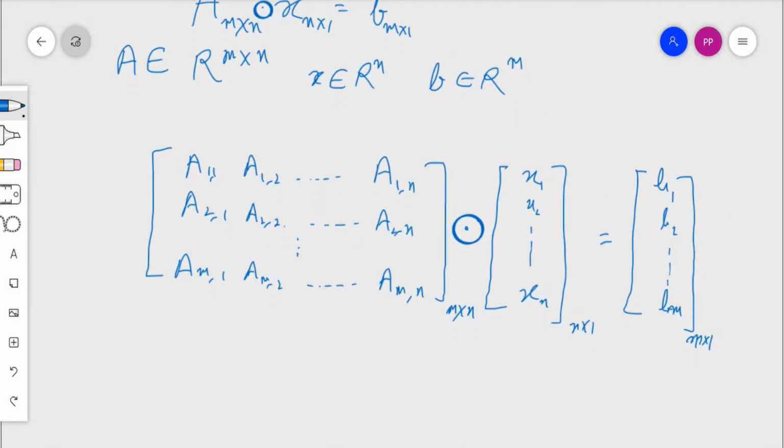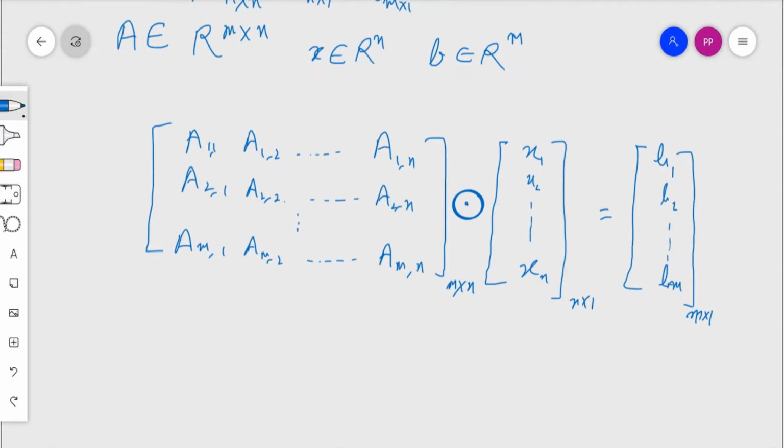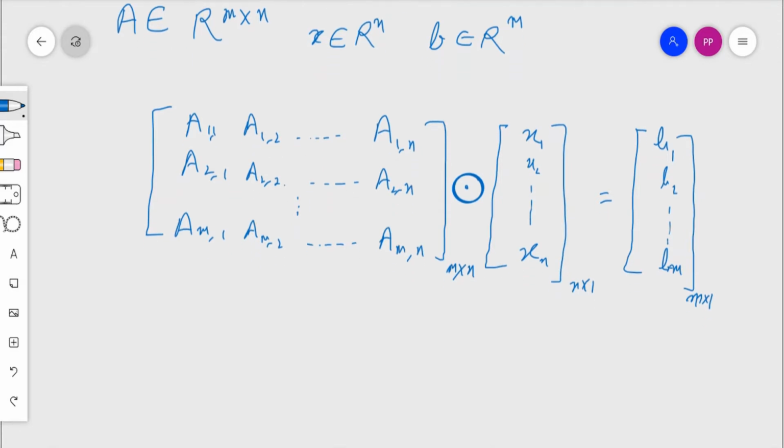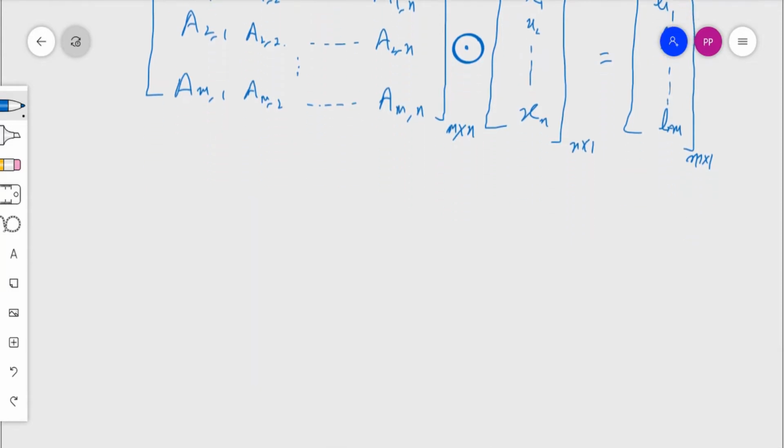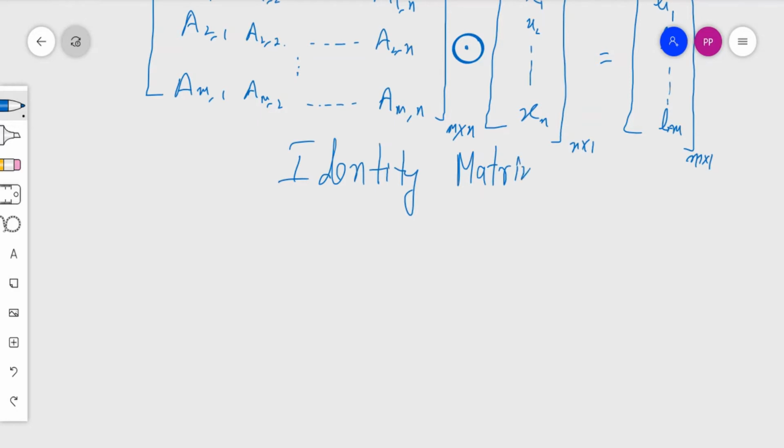As you may already know, an identity matrix may be represented as In, which has order n.